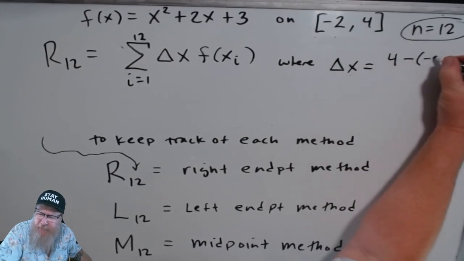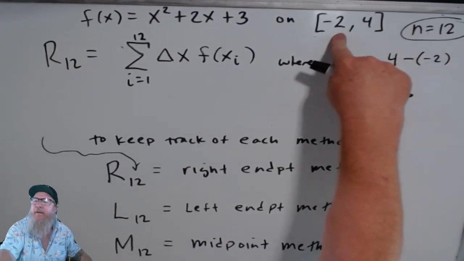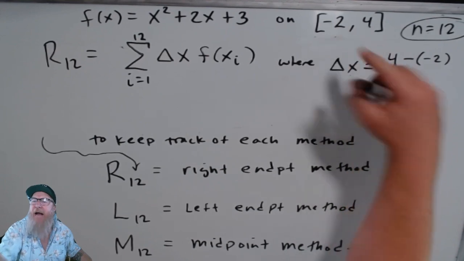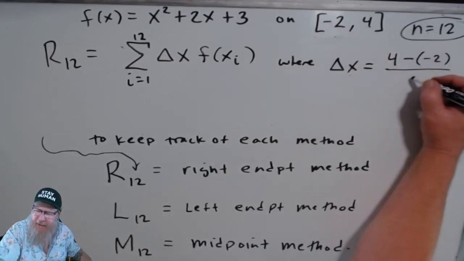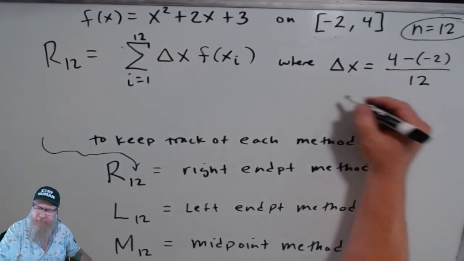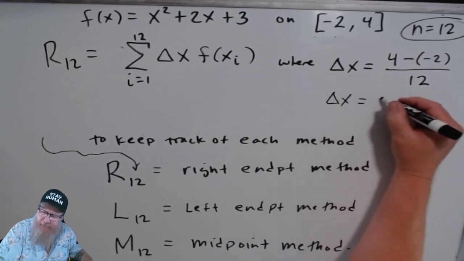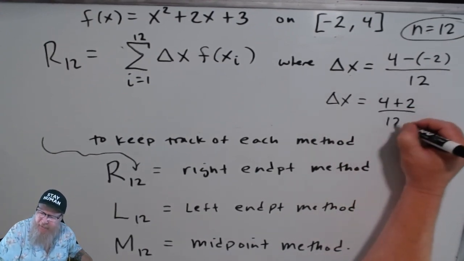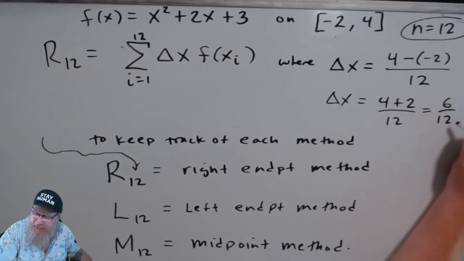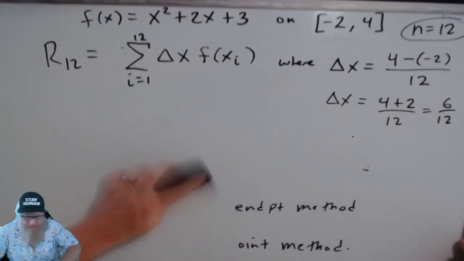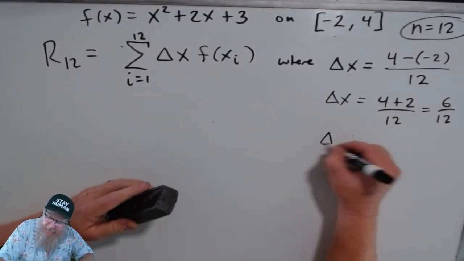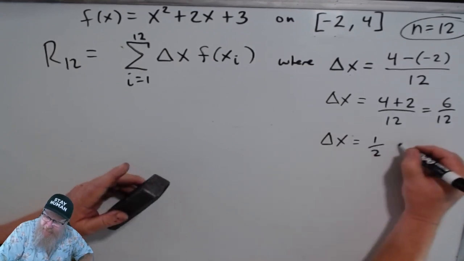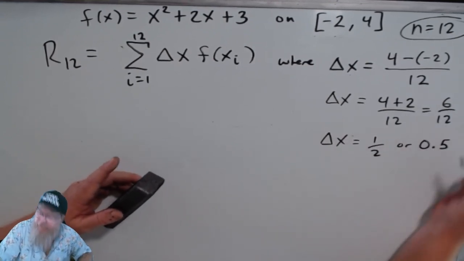Be extra careful with the b's and the a's, and you're subtracting those, divided by n, which is 12. So that's 4 plus 2 divided by 12, which is 6 divided by 12, which is 1/2. Or you could say 0.5. It's up to you.